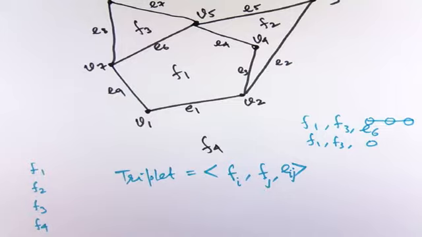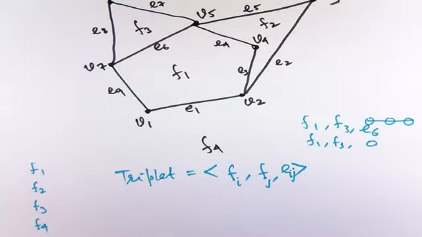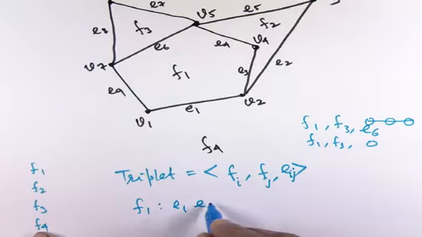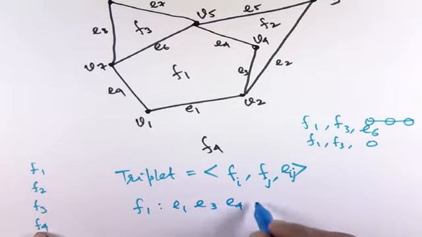Yes? Sir, if we maintain a single face as a list of adjacency edges, say F1 is represented as E1, E3, E4, E6, then we can maintain a separate list of such faces.